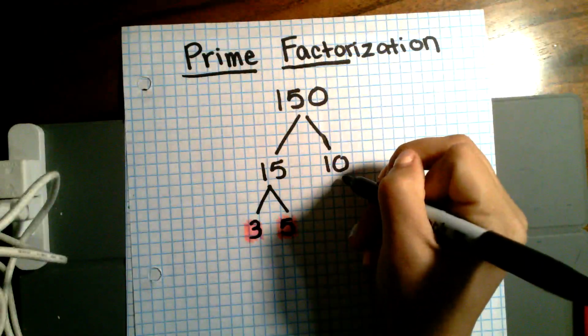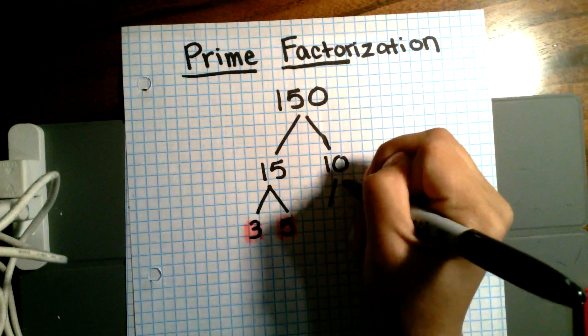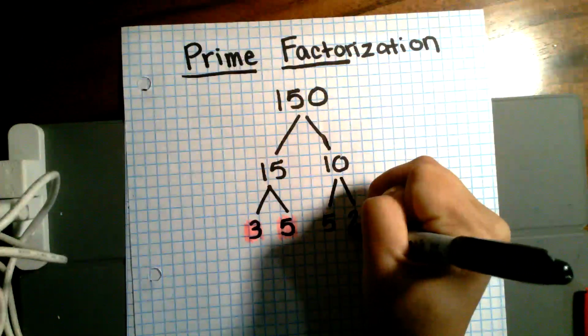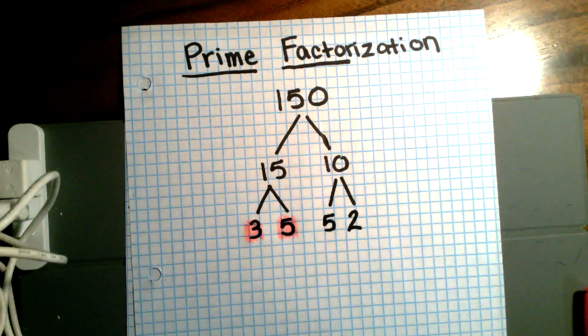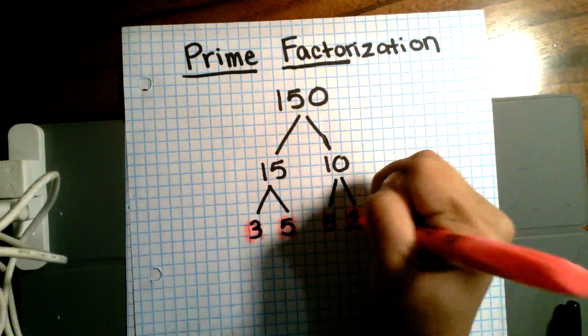Okay, and I'm going to come over here to 10. What can I multiply together to get 10? Well, I'm thinking 5 and 2. And once again, I can't break those down any further, so those will be part of my prime factorization.